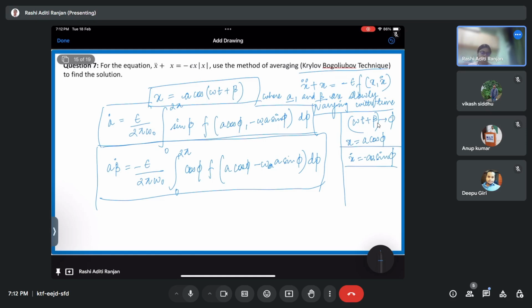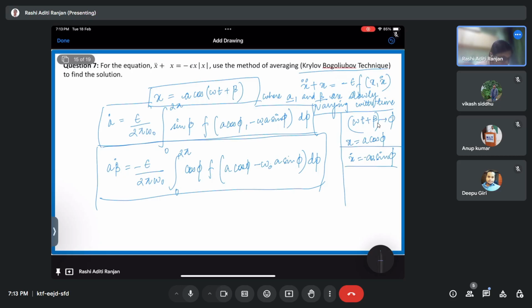Simple. The reason I've taken this question is because over here we have a modulus function. We have minus epsilon x into modulus of x, which means that depending on the value of x, my function is either going to be positive or negative, right? So, firstly, what is x?